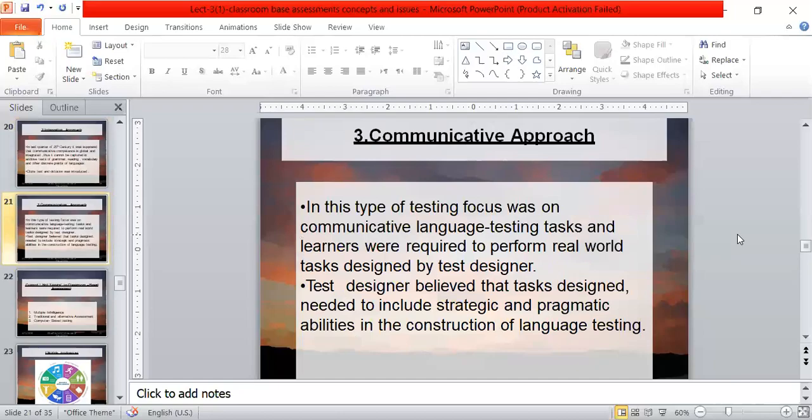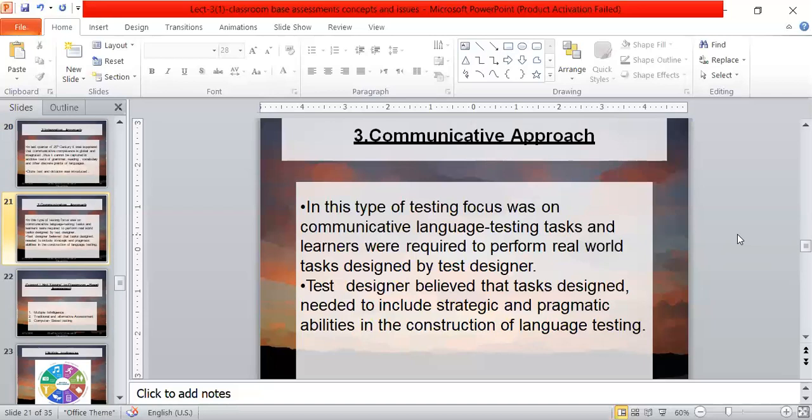Communicative approach. In this type of testing, the focus was on communicative language testing tasks, and learners were required to perform real-world tasks designed by the test designers. No doubt, test designers were from the field of communication and learning. You may see the experts from teachers.